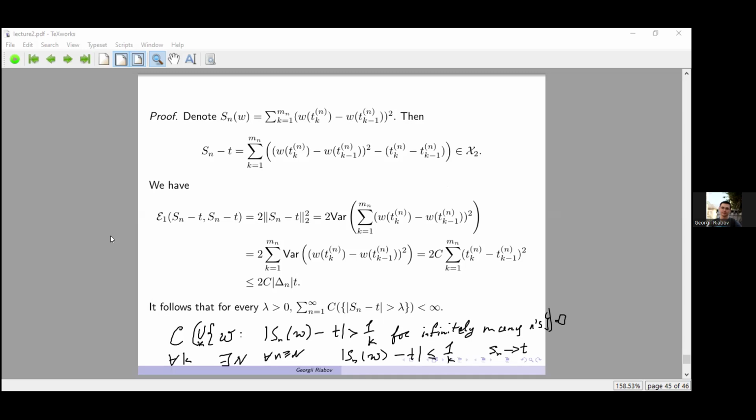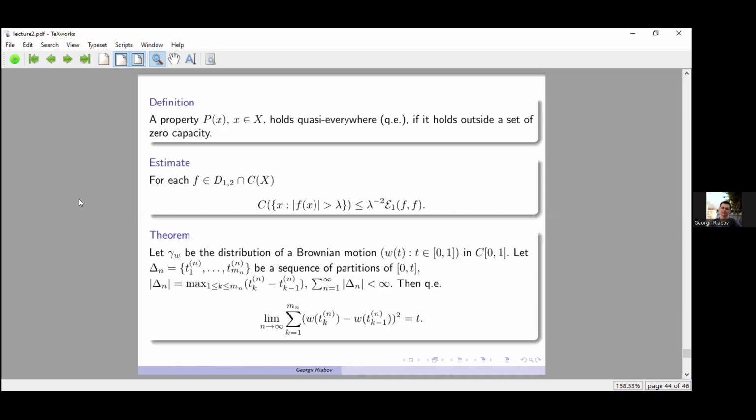So this gives a finer understanding of the existence of quadratic variation of the Brownian motion.